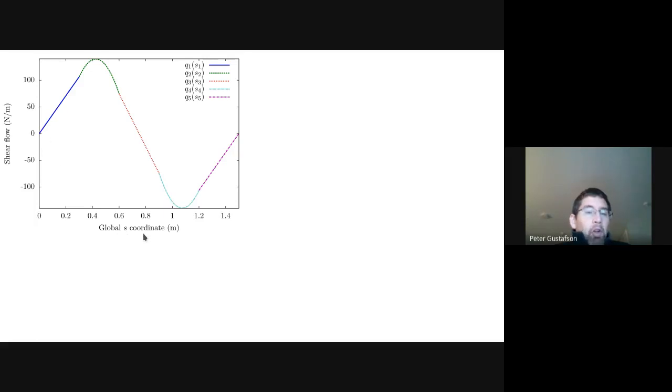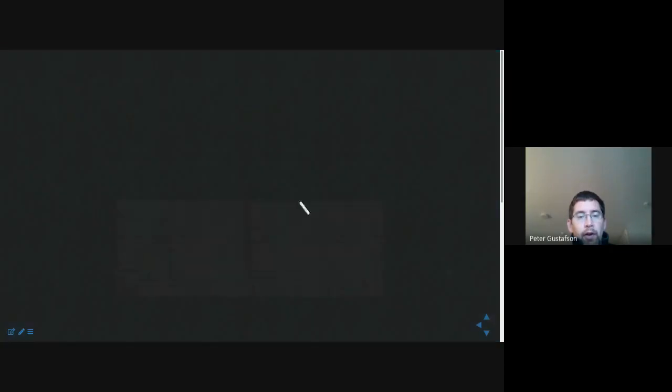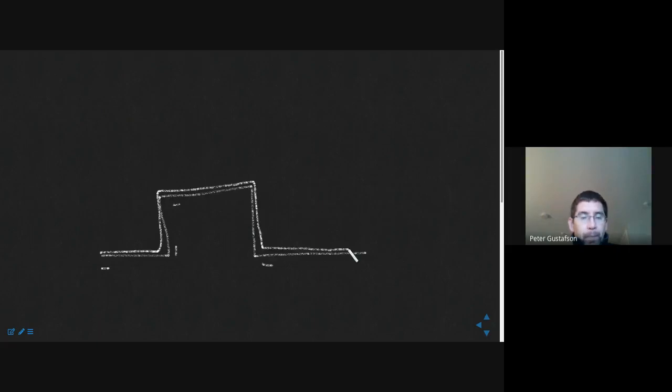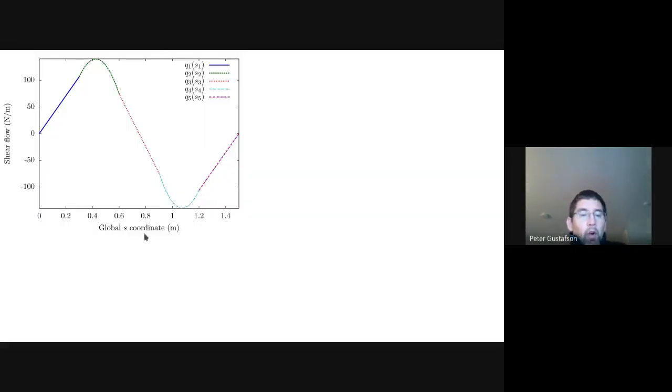Note it's in the global S-coordinate system we defined. We had local S1, 2, 3, 4, and 5. The global will start here and just increase as we go around. So the global is essentially 5 lengths now.